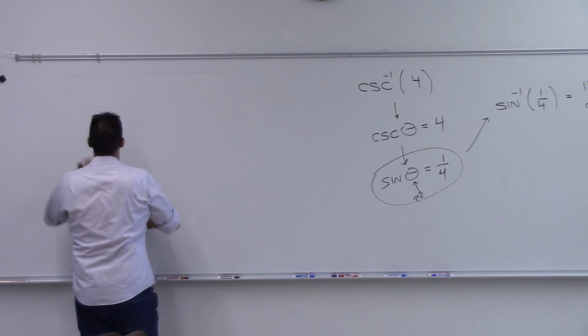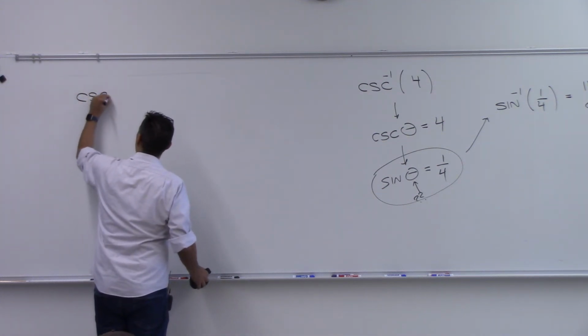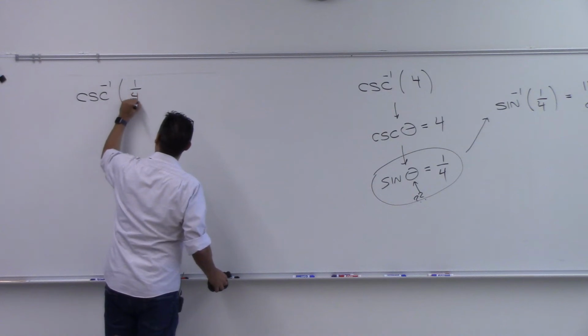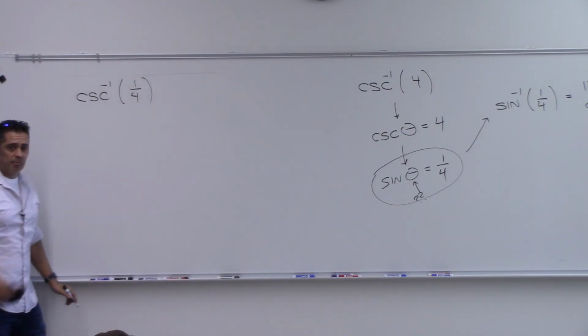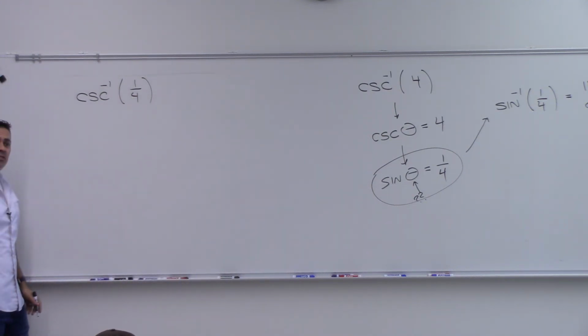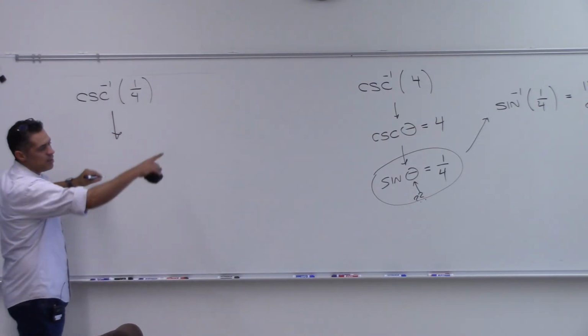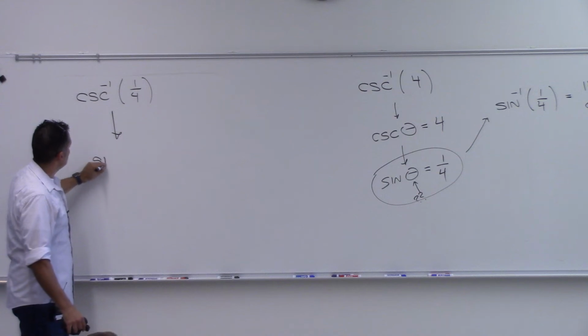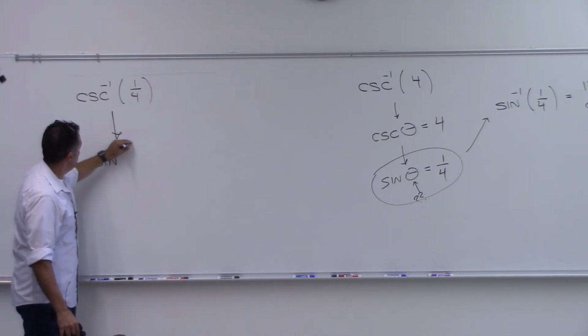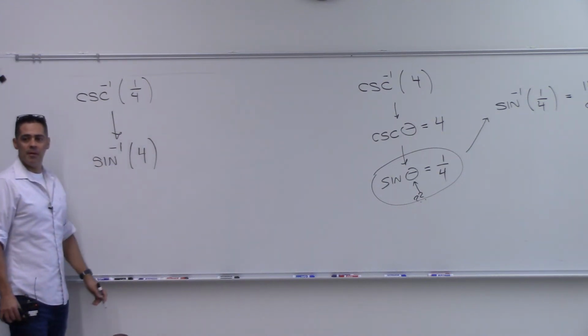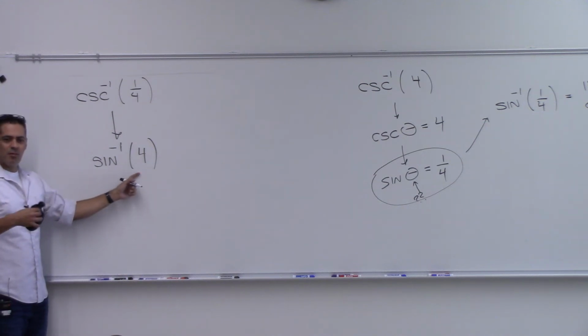How about this one? What's cosecant inverse of 1/4? Doesn't exist. Why? Because this is really saying sine inverse of 4, right? This is like the question we did a while ago.